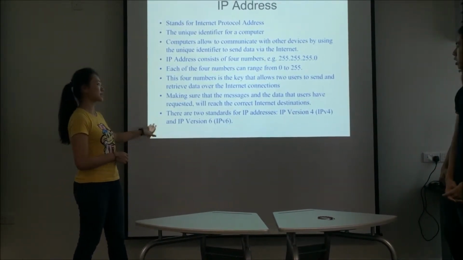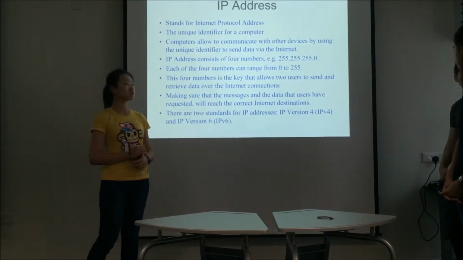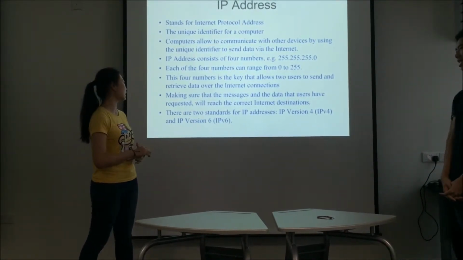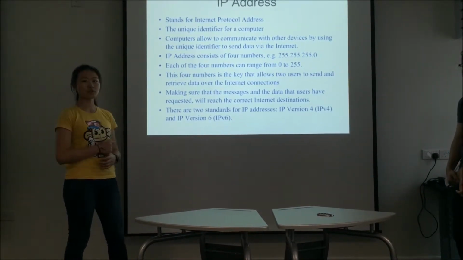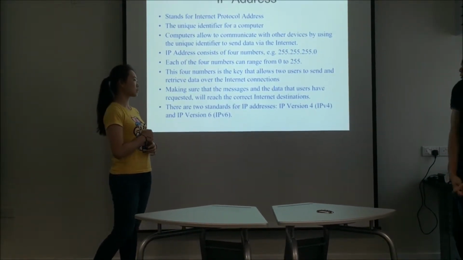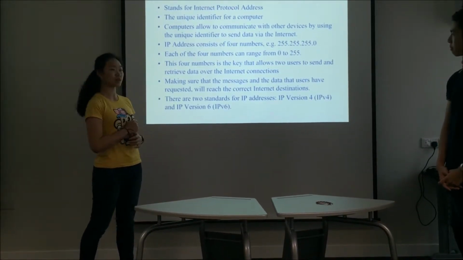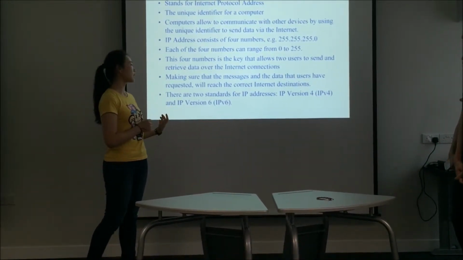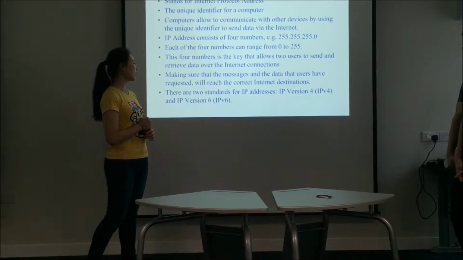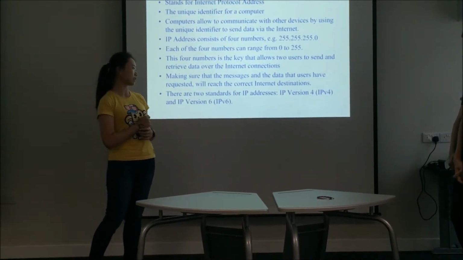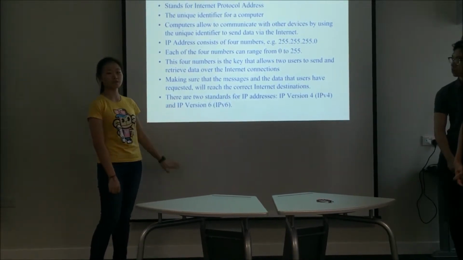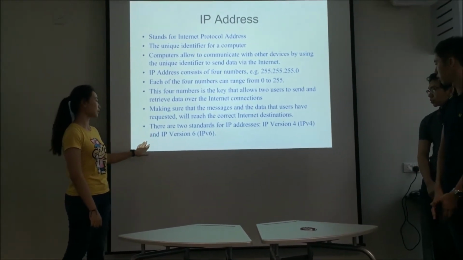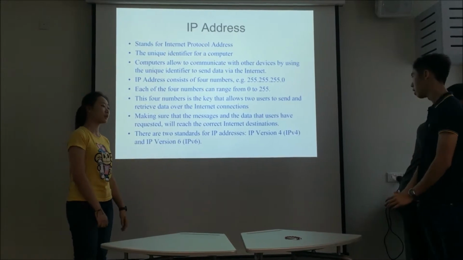And these 4 numbers are the key that allows 2 users to communicate and send data over the internet. It is to make sure that the message is sent to the correct person that the user has requested, and it also reaches the correct internet destination. And there are 2 standards for IP address: IP version 4 and IP version 6 as well.